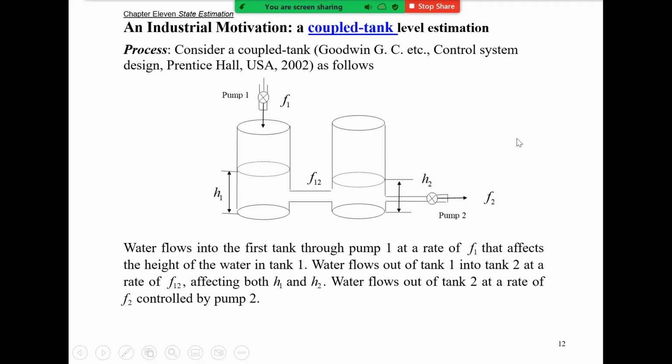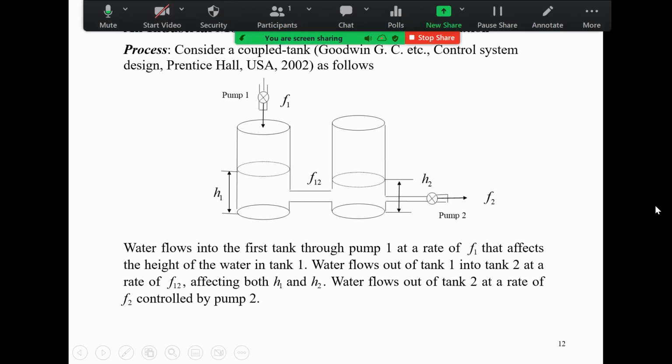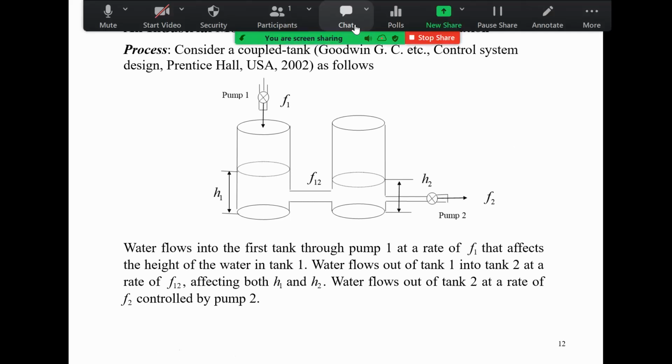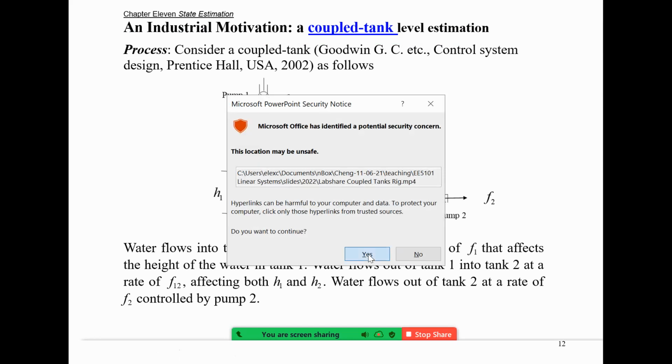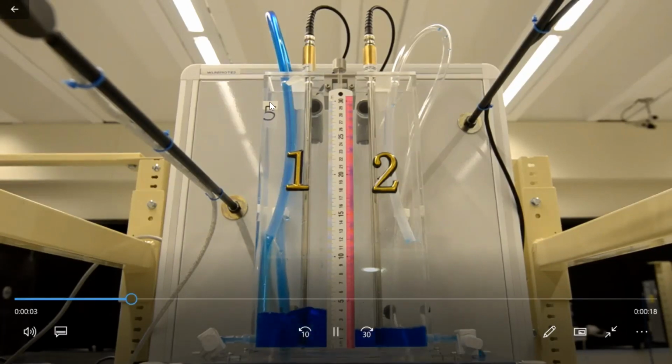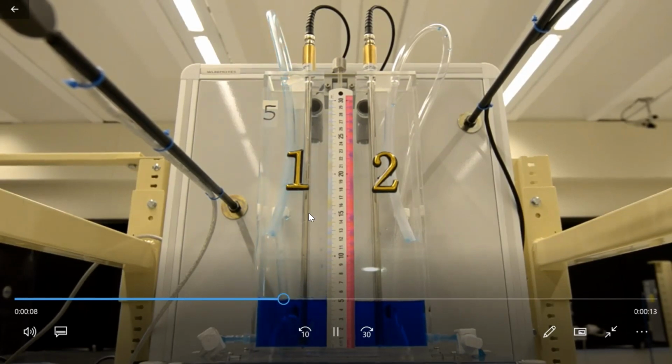Then there is another industrial motivation, which is the coupled tank. Here I have a short video clip for the coupled tank. You will see two tanks that are connected. The liquid from tank 1 will flow into tank 2, depending on the level.